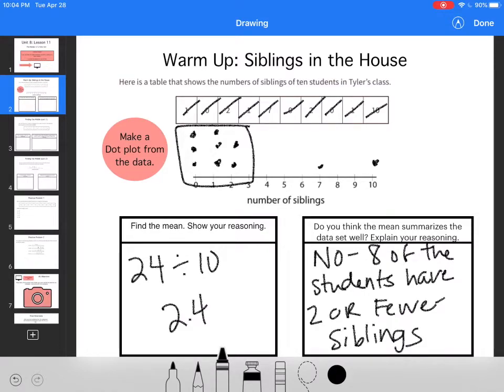And even though this says 2.4, it implies that it would be somewhere between 2 and 3 siblings per family. Not that you'd have like half a kid or something running around. That would be kind of crazy. So I don't think that 2.4 really depicts the data in that classroom.